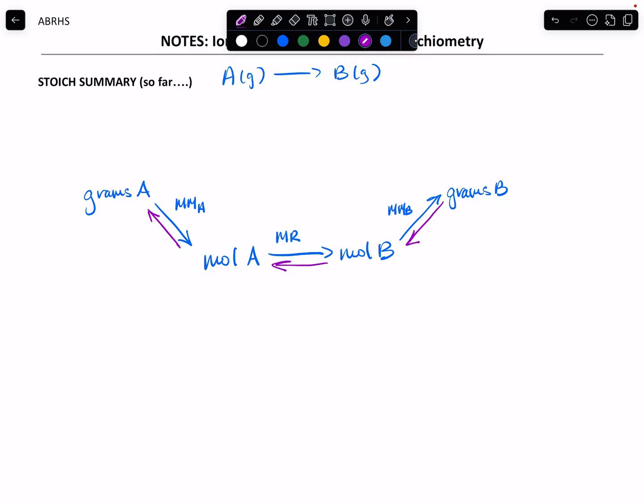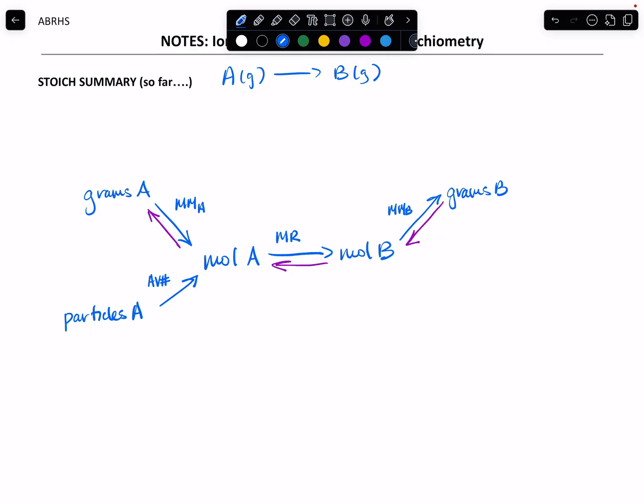All right. Now, you notice I did not draw this in a straight line. It's because grams are not the only thing that we can convert to moles with, right? Maybe instead you've got particles of A, and we want to get to B. So if that's the case, we're still going to need to do a conversion factor. We need to take particles of A to moles of A, and we need Avogadro's number to make that happen.